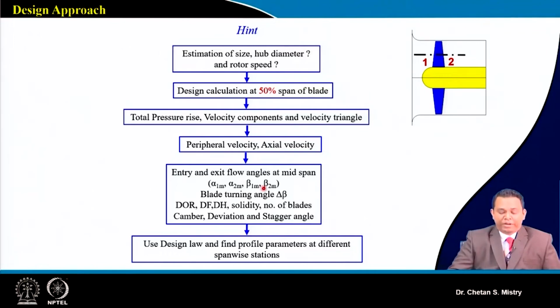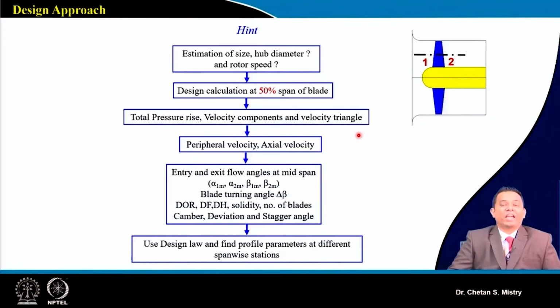That is what we will take as a reference. Once we do our calculation at one station, here we can say this is only a rotor, and it is a small diameter. This may be in a subsonic region, which will be decided based on the pressure rise we are expecting.